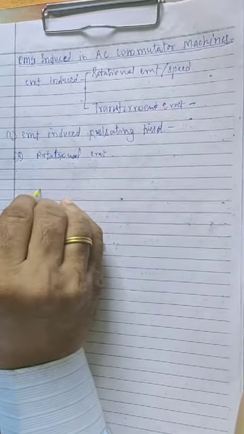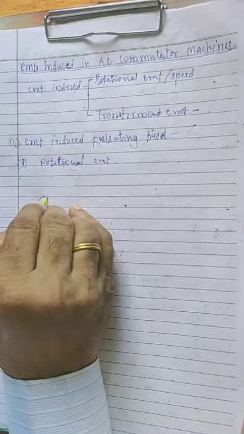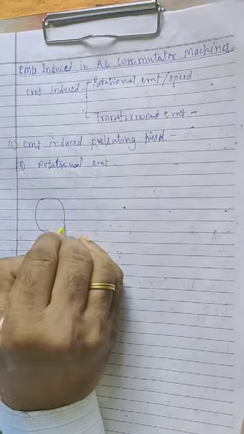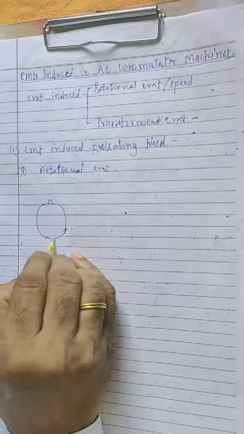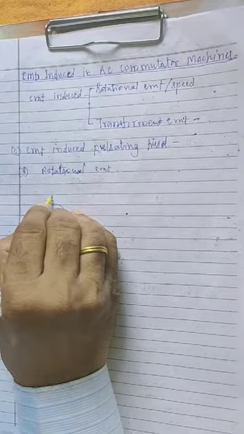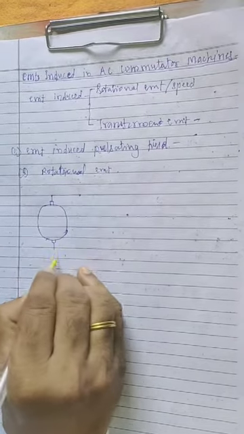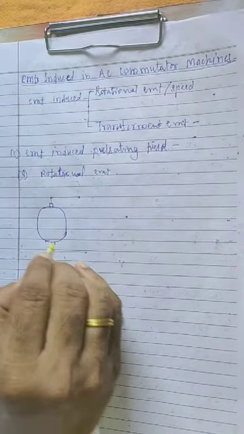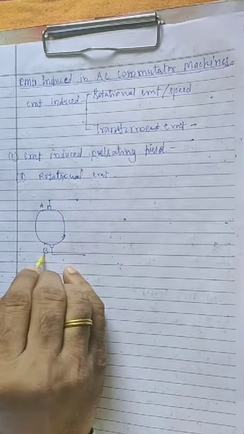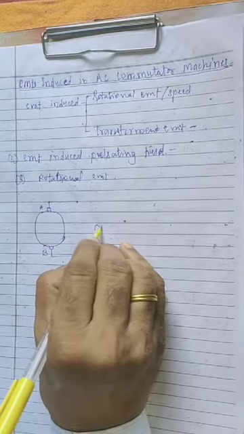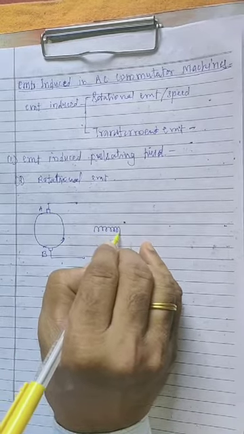Now consider a DC machine. This is the armature, and two brushes are shown, brush A and brush B, and this is the field winding.